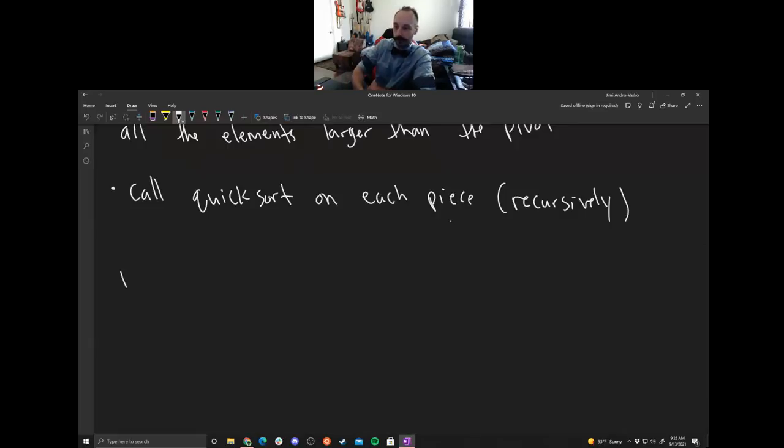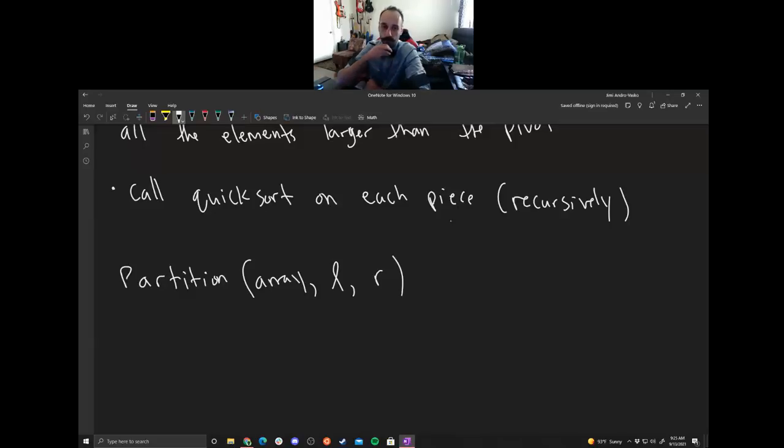So partition will be a function. It'll take in some array, and it'll take in this L and R. I think that's all it takes in. So we want to have the array passed in, and we want to know the left endpoint and right endpoint because we're going to call partition many times, just like with the merge operation for merge sort.